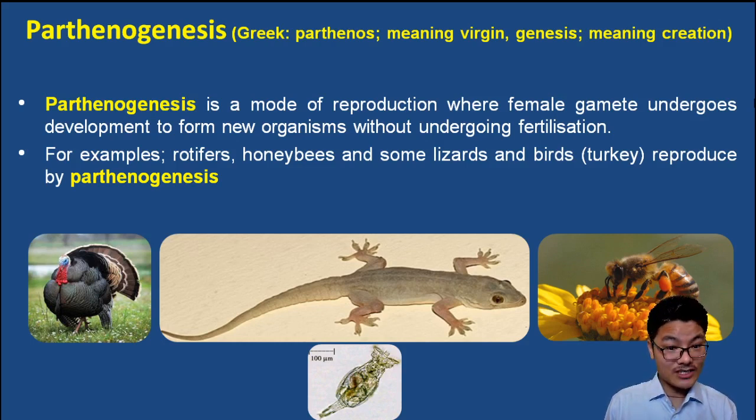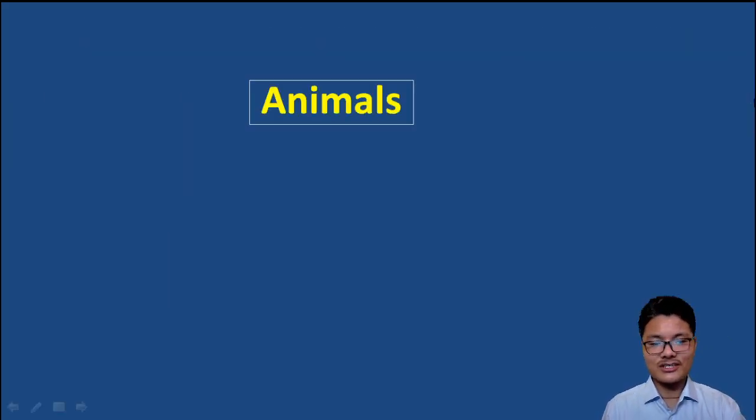Parthenogenesis is why lizards reproduce large numbers of offspring during summers. During summers they come in many numbers, mainly because of parthenogenesis.